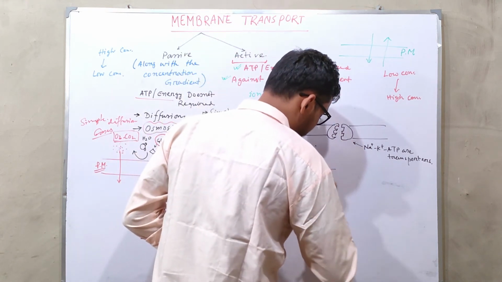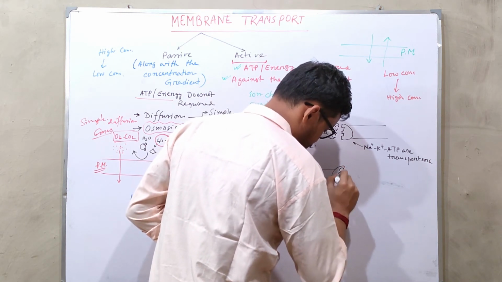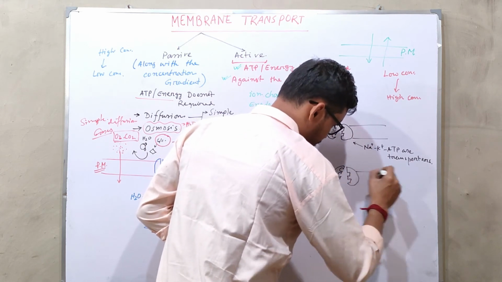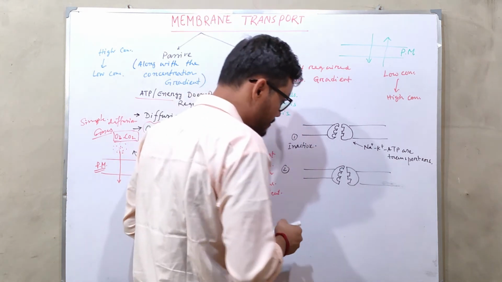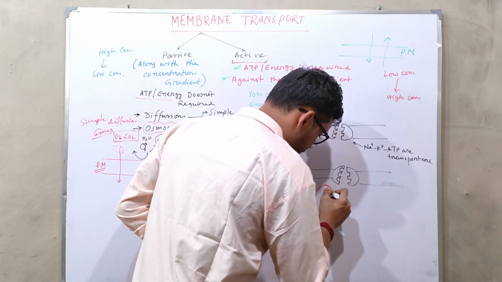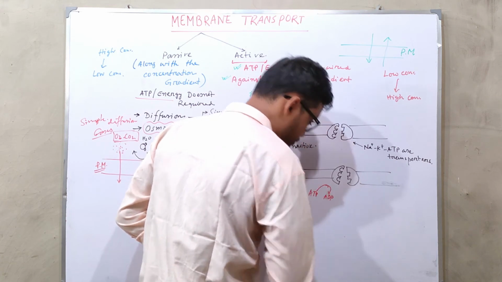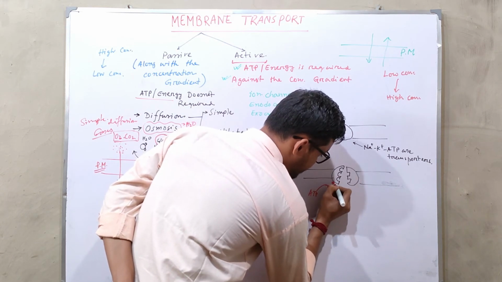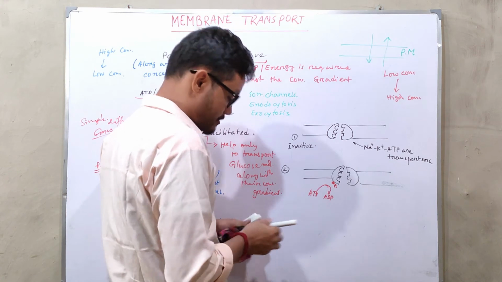Whenever ATP is closely associated with this channel protein, the protein gets activated. In step 2, ATP generates ADP, adenosine triphosphate to adenosine diphosphate, and an inorganic phosphate is bound to the sodium potassium ATPase transporter.